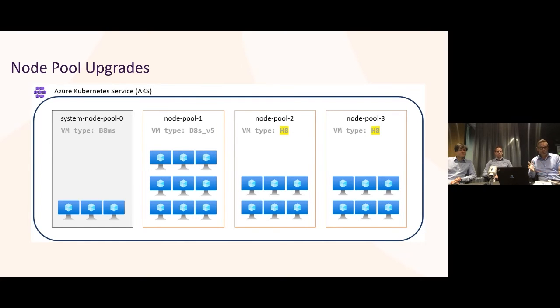This works quite well. Now, the third one, node pool 2, has applications that require a bit more CPU and memory. They run on H8, the high availability VM type.